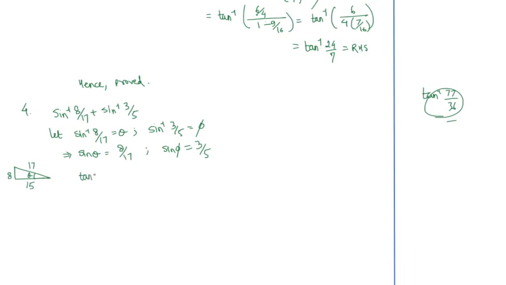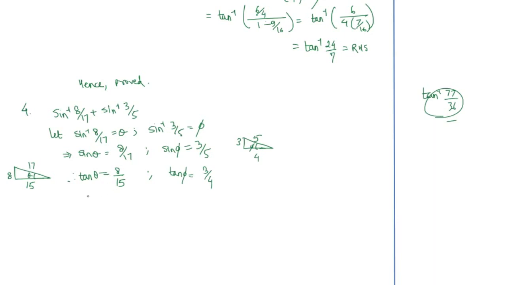So therefore tan theta is equal to 8 by 15, and from here similarly by constructing a 3 by 5 right triangle you will be getting the base as 4. So tan phi is going to give you 3 by 4.